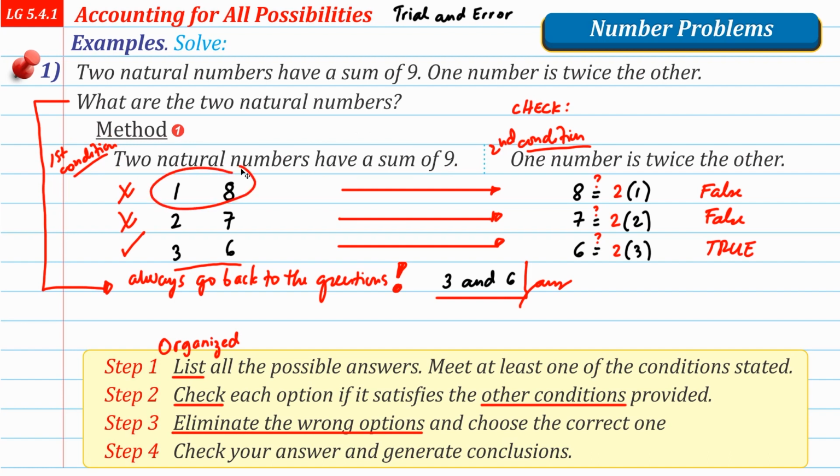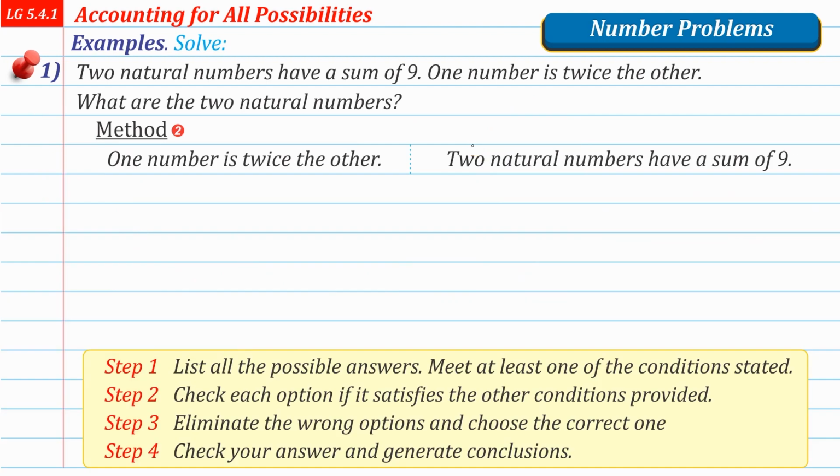Ano ba yung dalawang numbers with the sum of 9? Now, sir, pwede bang pagbaliktarin natin? Pwede bang unahin natin yung second condition, pang-check natin yung first condition? Okay, that's what we are trying to do in our next part ng lesson. So, yung method 2 natin, inuna natin yung second condition.